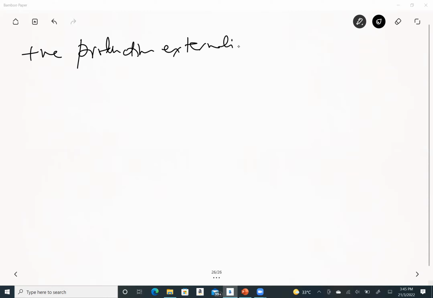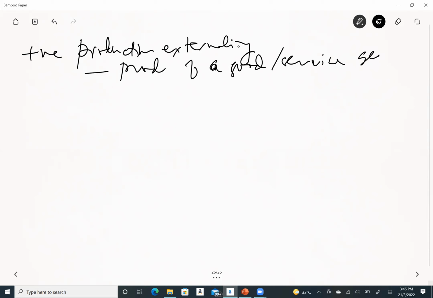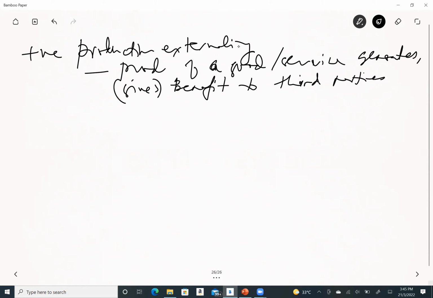Here, the production of a good or service will generate or give benefit to third parties, and of course that benefit is not reflected in the price.